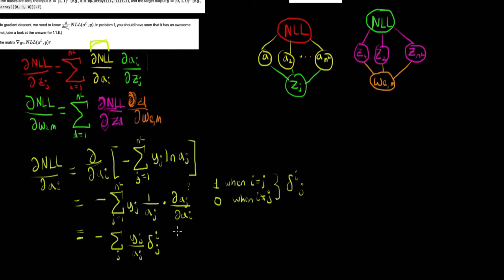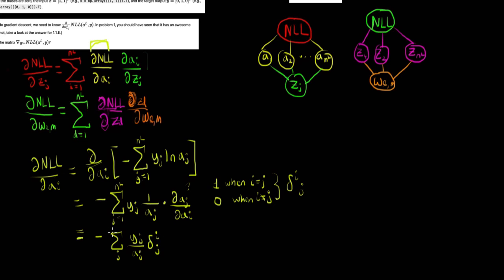Now you'll notice that this delta ij is 0 most of the time, so most of the terms of this sum are going to be 0. There is, however, one and exactly one term in the sum that is not equal to 0, and that is the term where j happens to be equal to the particular value of i.